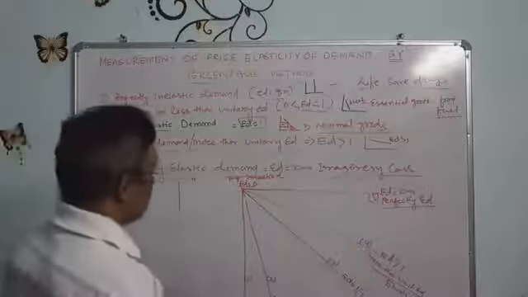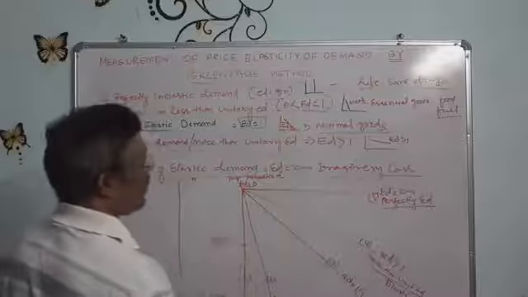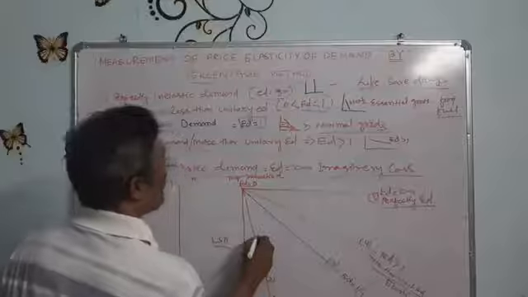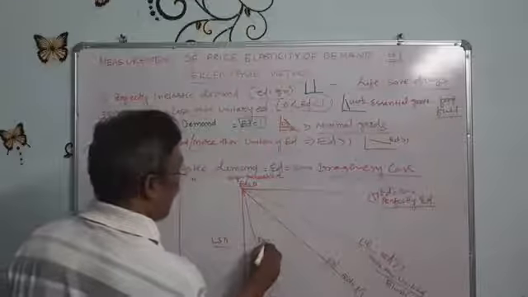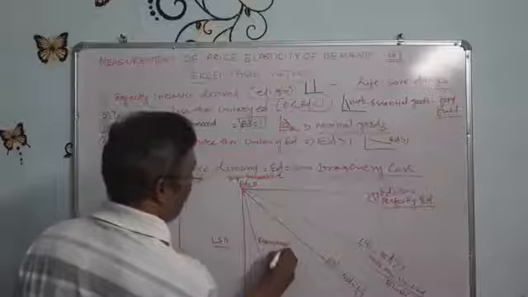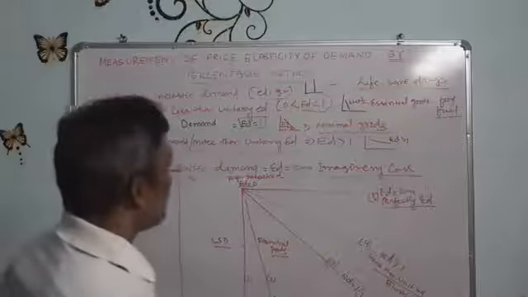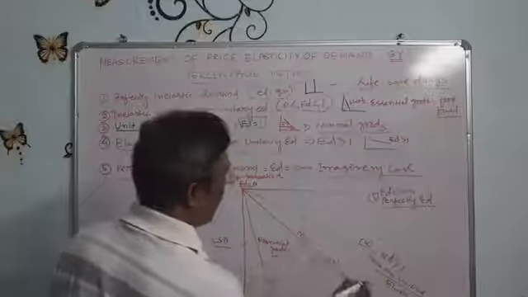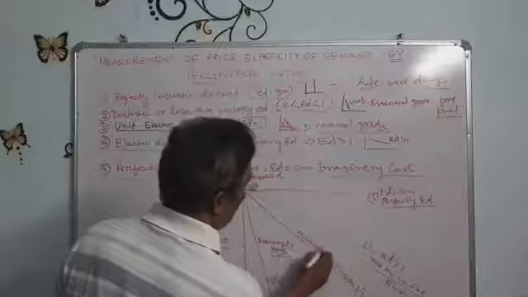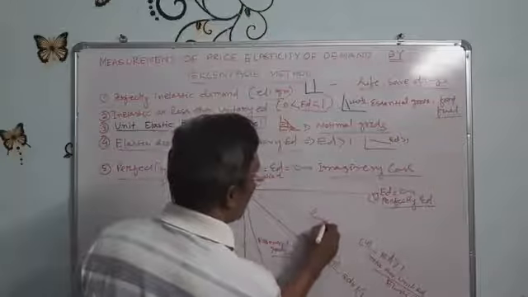This is the example of life saving drugs. This is the case of essential goods. This is the case of normal goods, and this is luxuries.